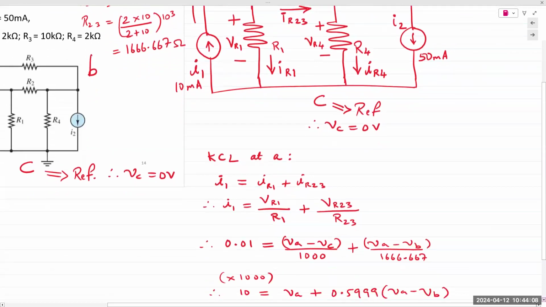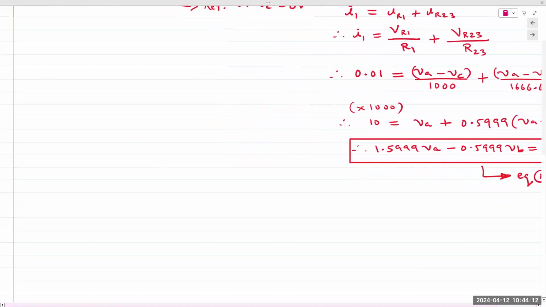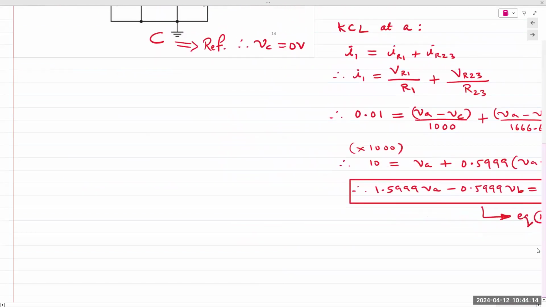Okay, so then I'm going to apply, let's go to the left. And I'm going to apply KCL at node B. I could apply it at C also. Doesn't really matter. Apply at any node, doesn't really matter. Let's pick up the pace a little bit. At B, I have IR23 coming in.